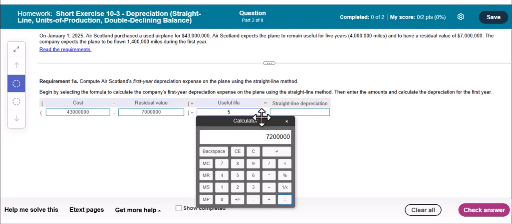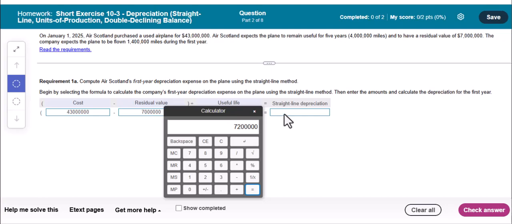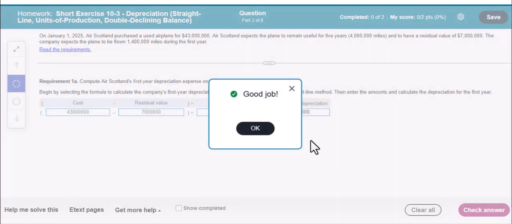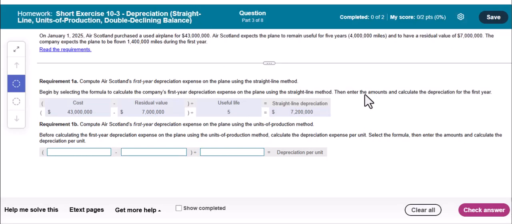So let's go ahead and enter that in for our straight line depreciation. And let's check our answer. Good job. Okay. So the 7.2 million represents the annual depreciation that this asset, this airplane, is going to see. And that will be for every year of its useful life here, which is those 5 years.